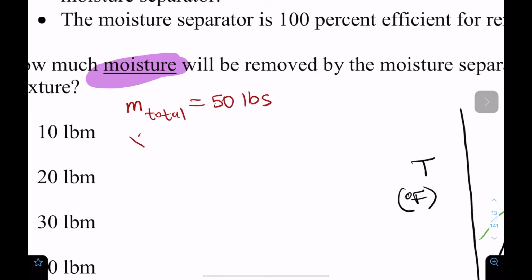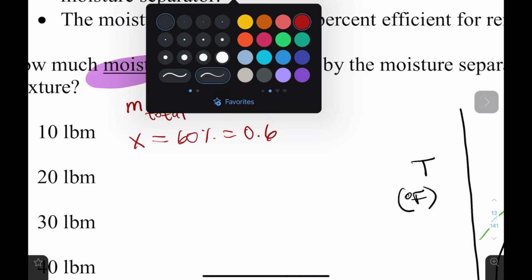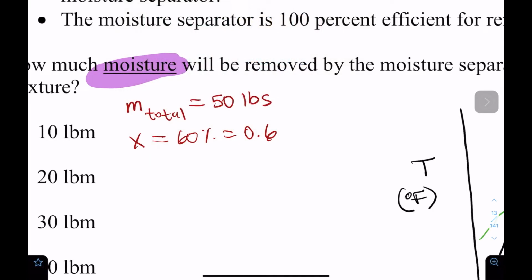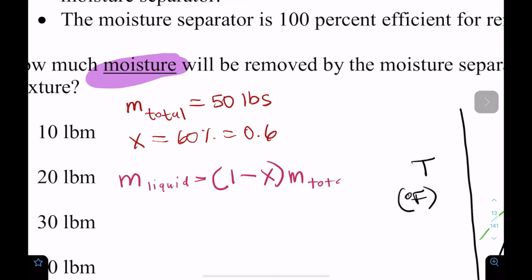My quality that I'm starting with is 60% or 0.6, right? And I can use this formula. Mass of the liquid being equal to 1 minus X times total mass, right?